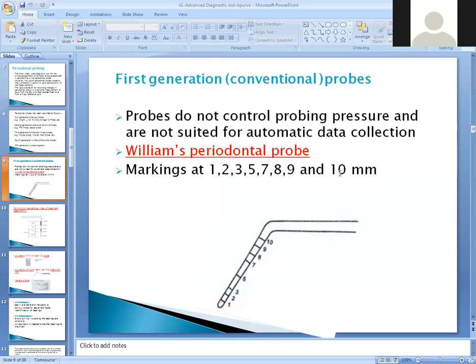Yes, very good. Parallel to the long axis of the tooth, not longitudinal. So parallel to the long axis of the tooth, we insert the probe in the sulcus. Right. So while inserting, how much should be the probing force? 25 grams. Yes, very good. So, how do you measure 25 grams?